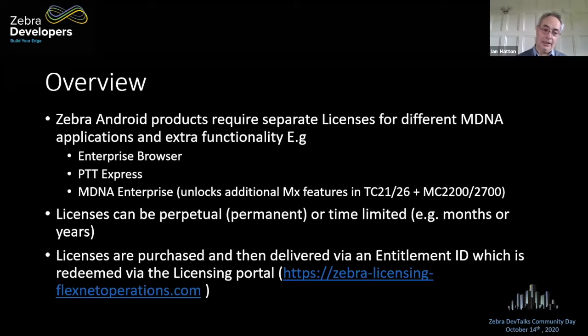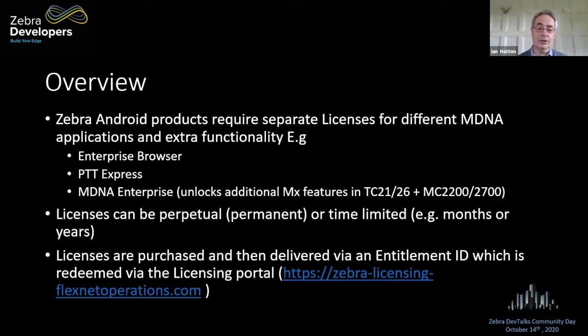So, it's probably the case that the requirement to install a license is going to increase significantly with the release of these products. And that's really why we're trying to get information out into the field as to how to do that.